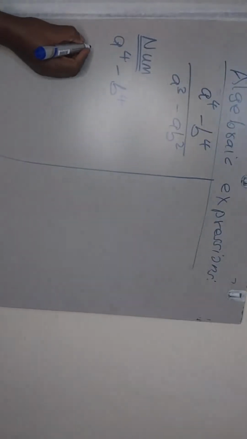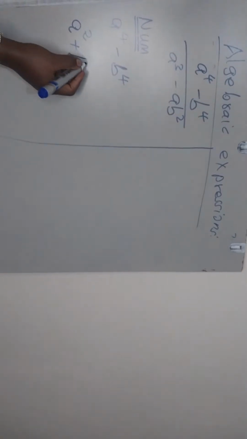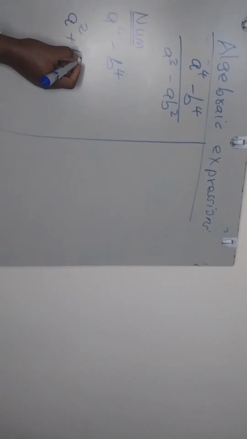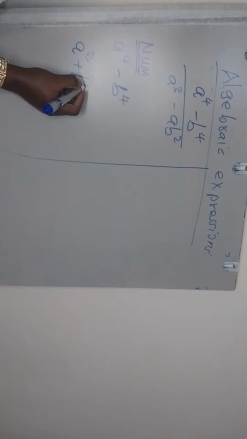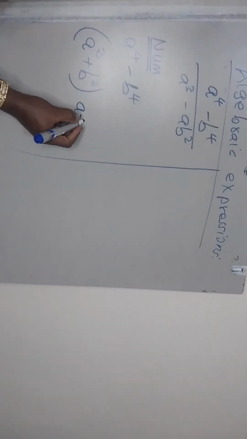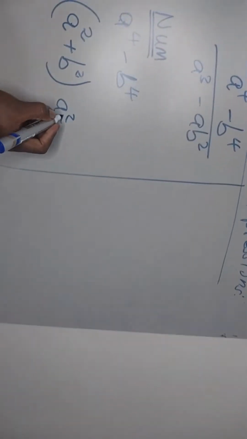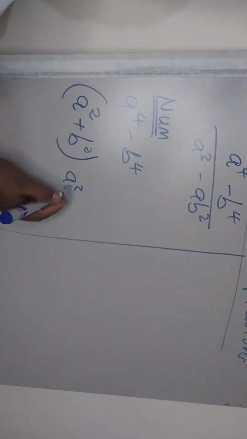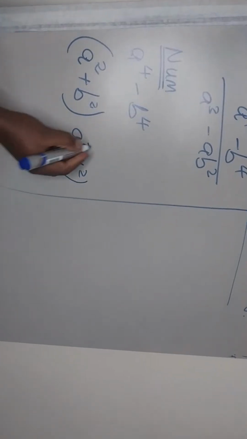Square root of a to power 4 will be a to power 2, plus square root of b to power 4 will be b to power 2, into a squared minus b squared. Good.